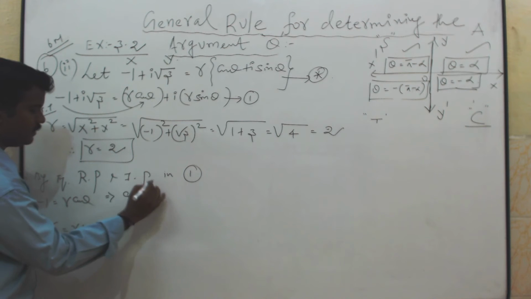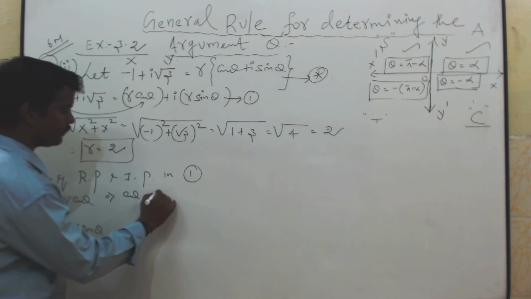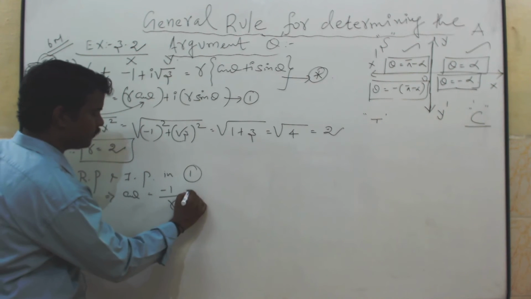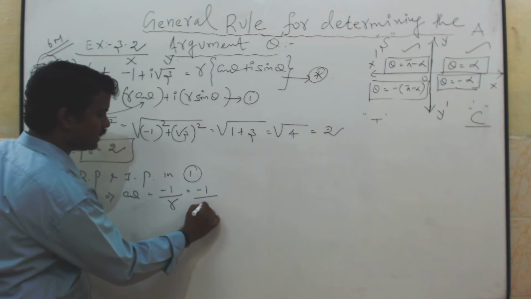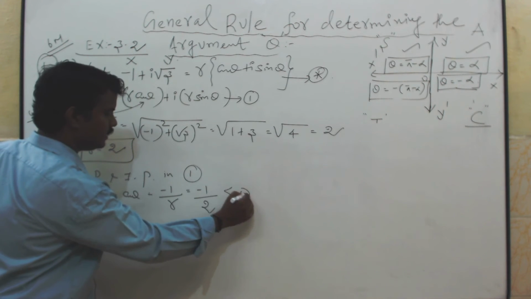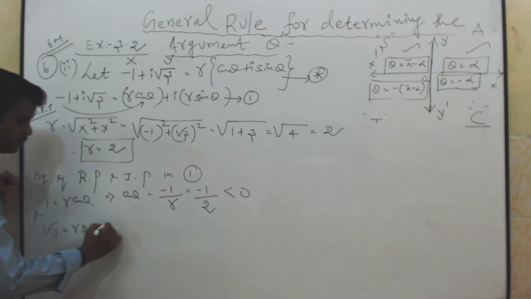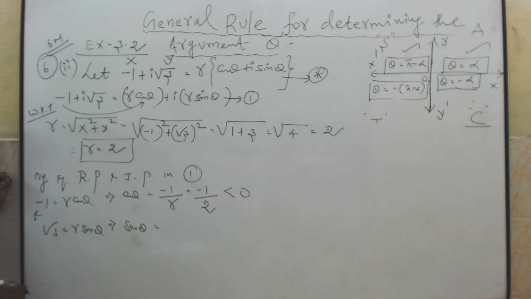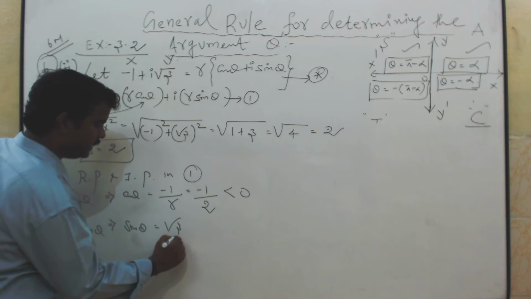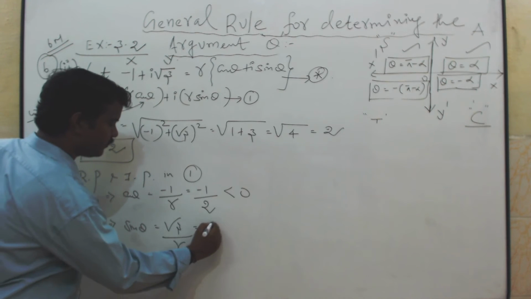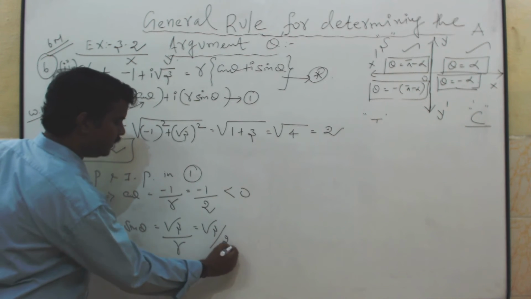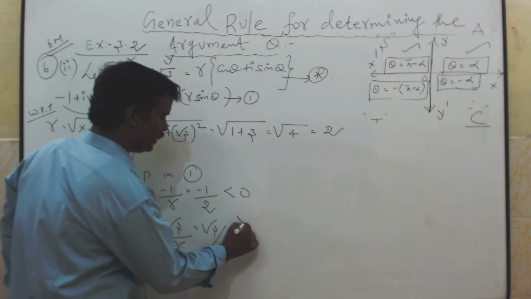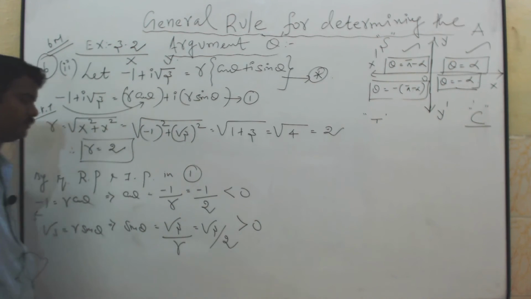This, what is the value of cos theta? -1 by R. -1 by what is R? 1 by 2. This is a negative value. From this, what is sin theta? Sin theta is root 3 by R. It is root 3 by 2. Root 3 by 2 is positive.